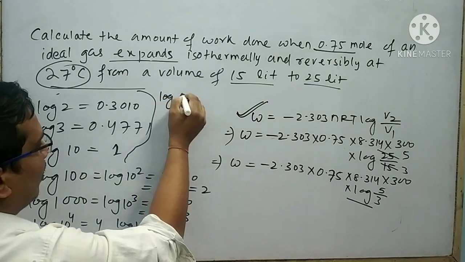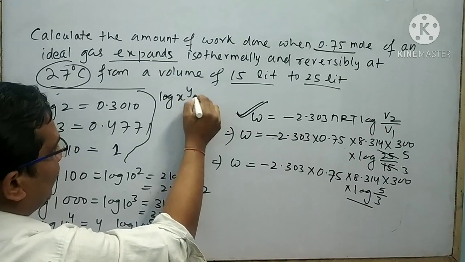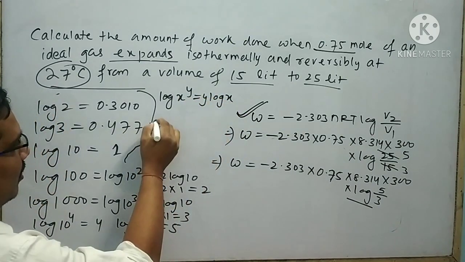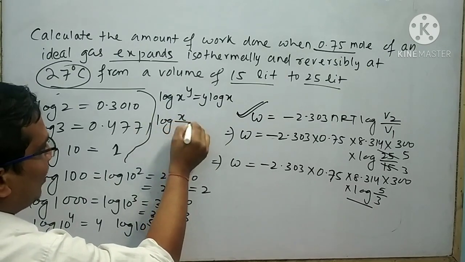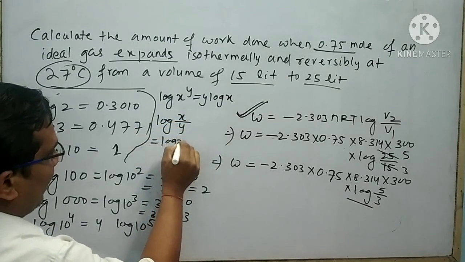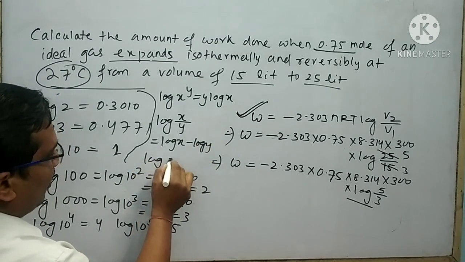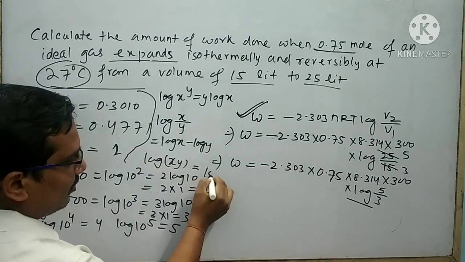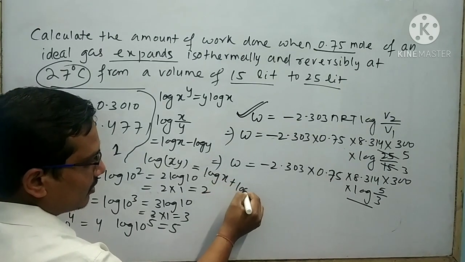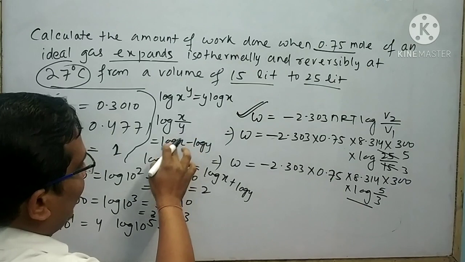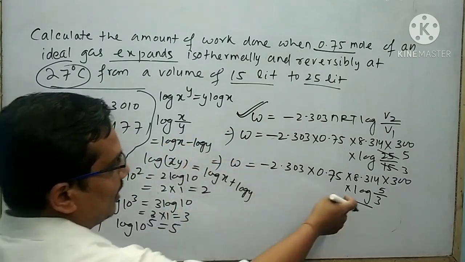Log x to the power y equal to y log x, log x by y equal to log x minus log y, log xy equal to log x plus log y. Now apply log x by y equal to log x minus log y here.